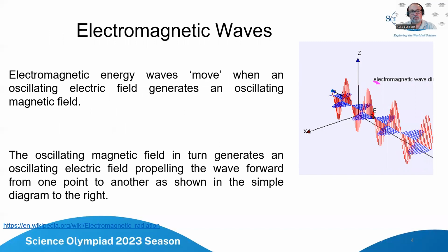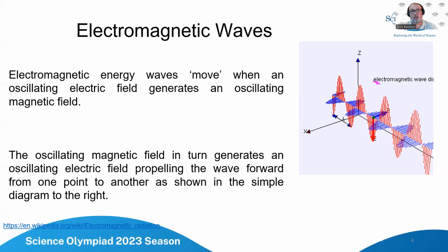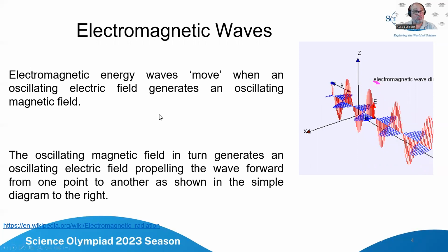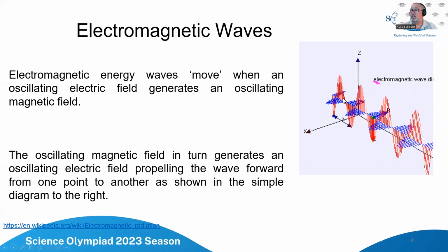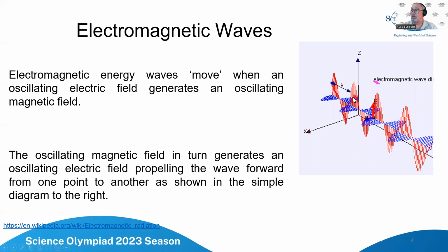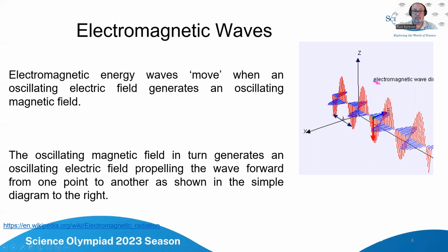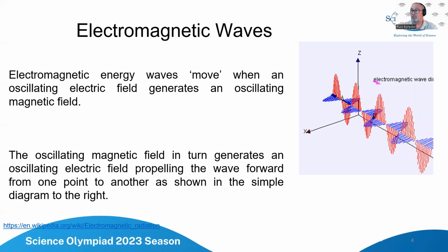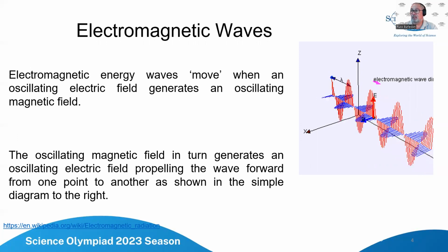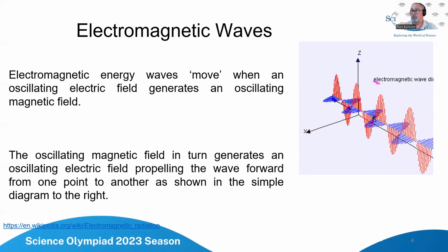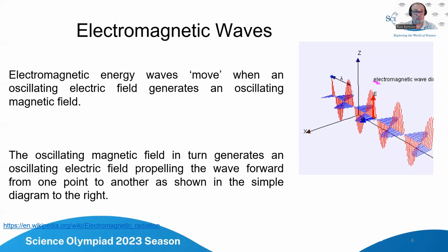These are energy waves that consist of electric and magnetic fields, and they induce each other. So you'll notice that in this particular diagram, the E field is going up and down, and it's red. The magnetic field is going along the x-axis, okay, and it is blue.